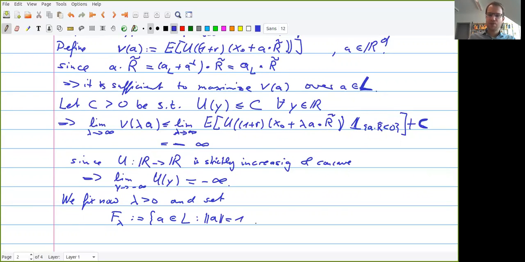I consider only those a in L which have norm equal to 1, and for which my value function V at lambda times a is bigger than V at 0. Because we are looking for a maximum, we only care about those trading strategies a in L which in the end give me at least more than doing nothing.